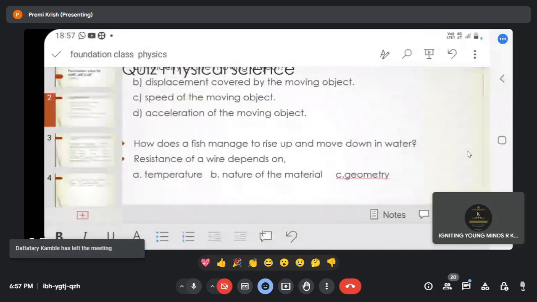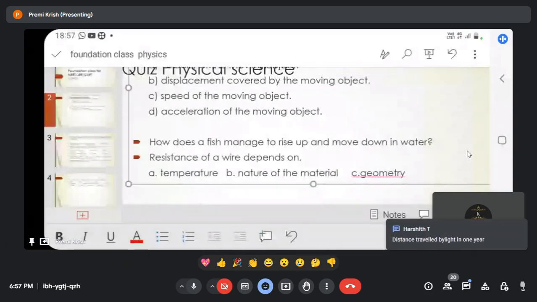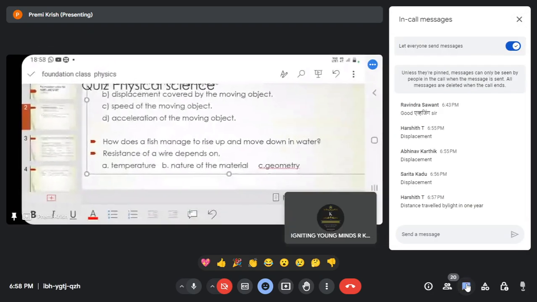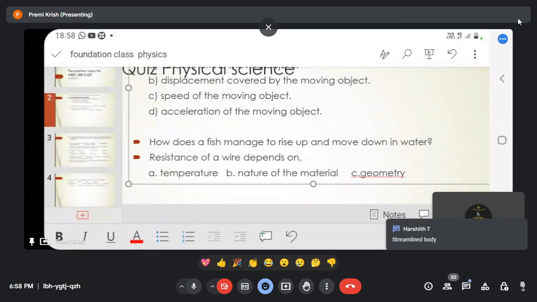How does a fish manage to rise up and move down in water? It's a logical question. By the current of river, ma'am.